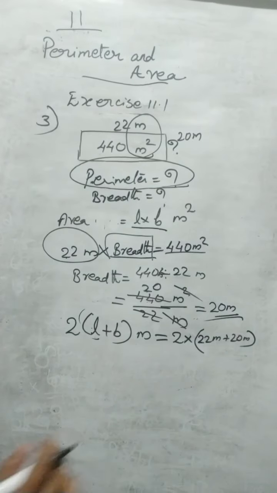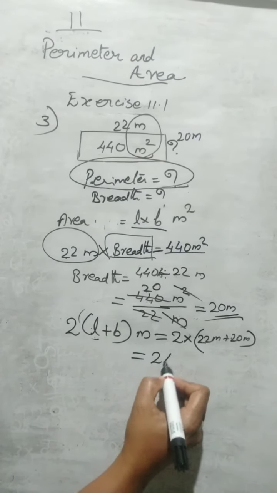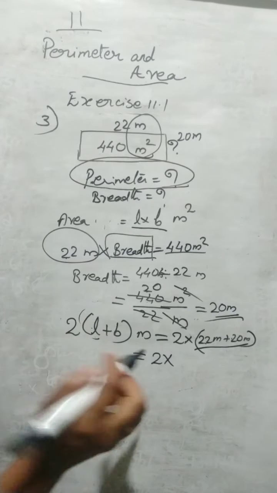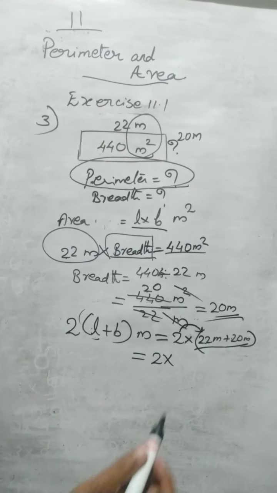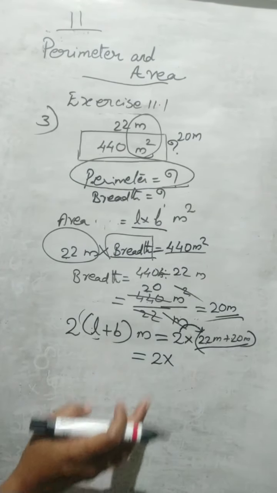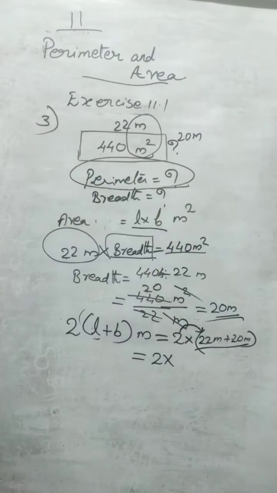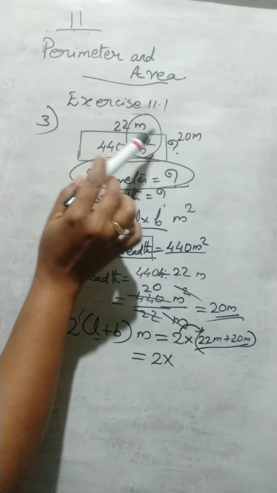Clear for you? Then 22 plus 20 is 42. First we have to find the sum. Don't multiply 2 times 22 and then add. Most of the children will do it that way. But first we have to find the sum of one side of length and breadth.